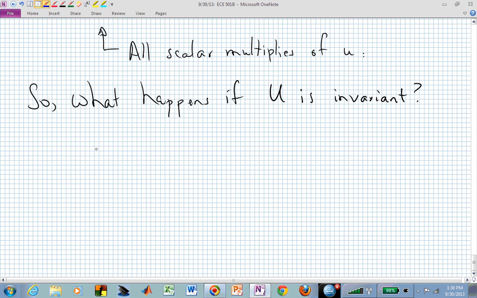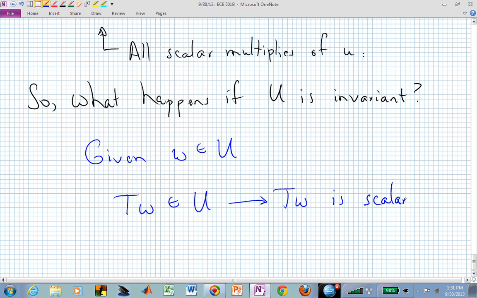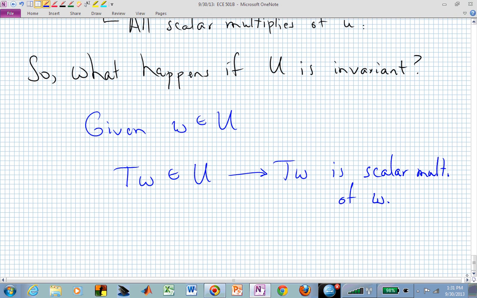Well, if we're given any vector, let's say W, that is in that subspace U, and we map that input vector through the linear map T, if the subspace capital U is invariant, then this output vector needs to stay in the subspace U. Which really says then that, by definition of how we created the subspace U, TW must be a scalar multiplication of this original vector W.